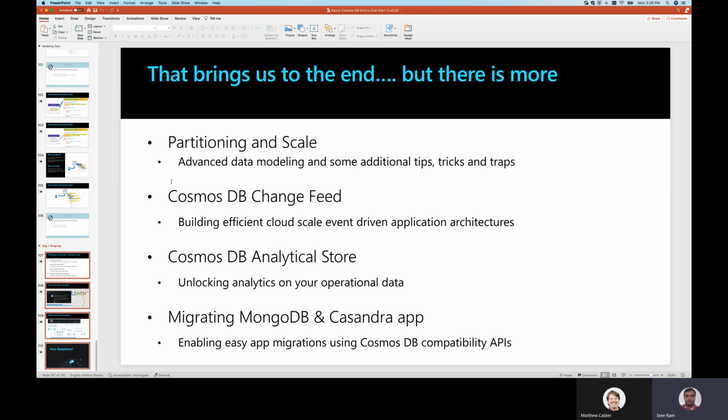And there is a concept called analytical store in Cosmos, which we will discuss especially for doing analytical operations in the SQL data warehouse world. And then we will speak about other APIs such as MongoDB and Cassandra in greater detail in upcoming sessions.